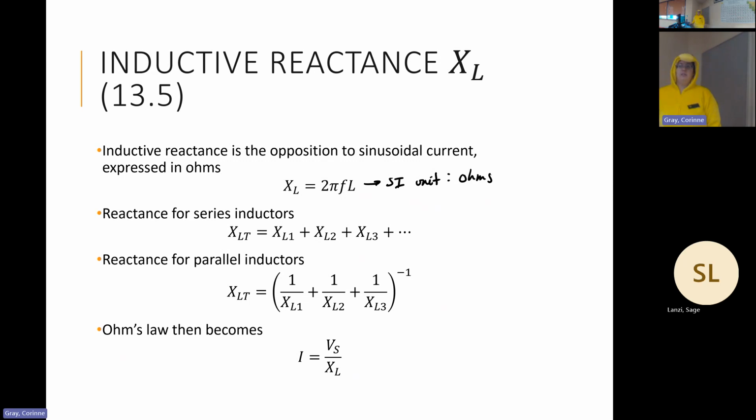Because reactance, even for an inductor, is a measurement of the opposition to the sinusoidal current value, its equations for series and parallel are the same as capacitors. So for series, we just add all the reactance values together. In parallel, we add those inverses together.